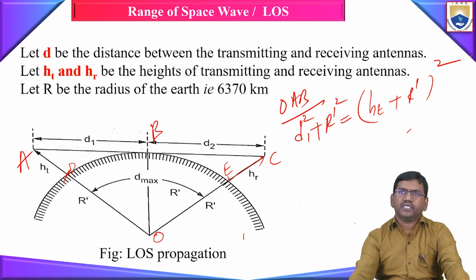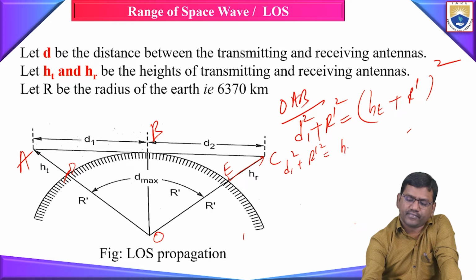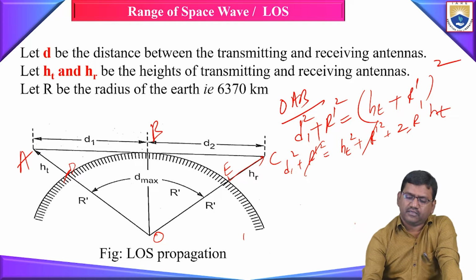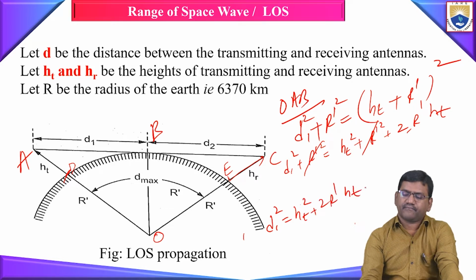Simplifying, d1 square plus R dash square is equal to HT square plus R dash square plus 2 R dash into HT. So R dash square gets cancelled. You can write d1 square is equal to HT square plus 2 R dash HT.